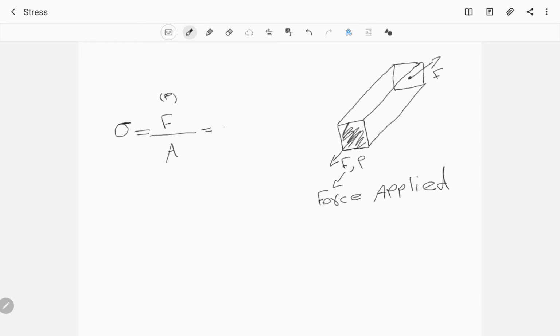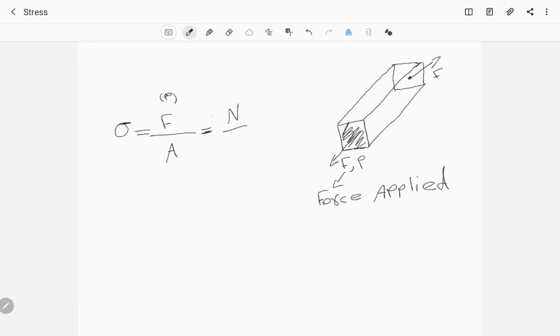Now make sure that, no matter what units you are given in the question, because sometimes the force will not be given directly in Newton, it will be given in kilonewton or meganewton, let's say, make sure you convert it into Newtons before you apply it in the formula, in order to get away from any confusion later during the calculations.